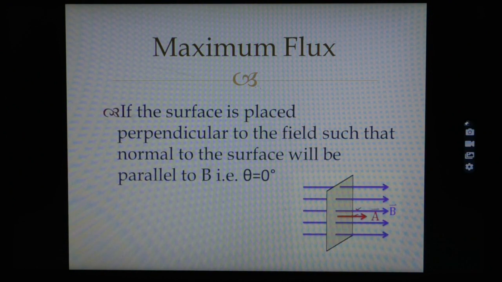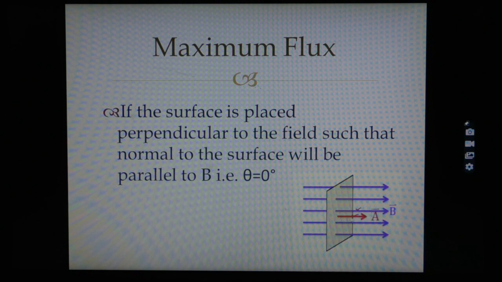What are the conditions when flux is maximum? If the surface is placed perpendicular to the field, let us consider this surface placed in a magnetic field perpendicularly. So what is the theta between A and B?